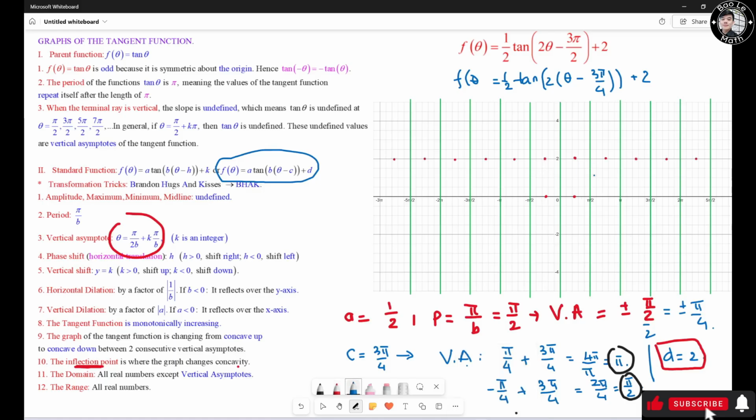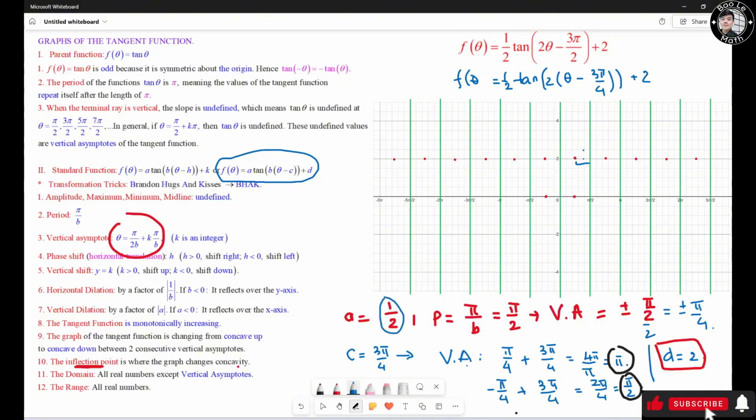Now next one, we need to find the other 2 points so that we can connect them, right? To get the tangent function graph, right? So look at the inflection point right here and the next vertical asymptote that's close to the inflection point. So I look at this one right here. We're going to locate the points that have a distance from here to here, right? So it could be right here, right? And then we're going to go up by 1/2 right here, right?